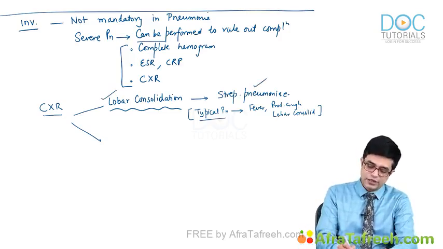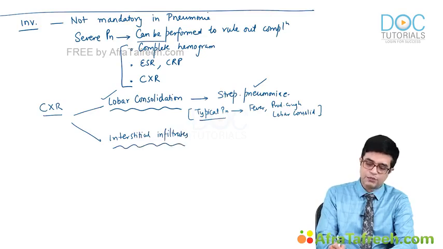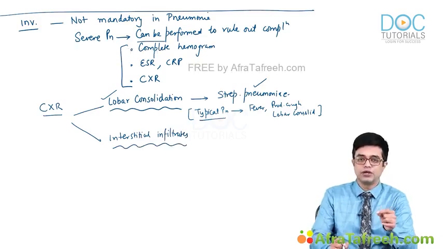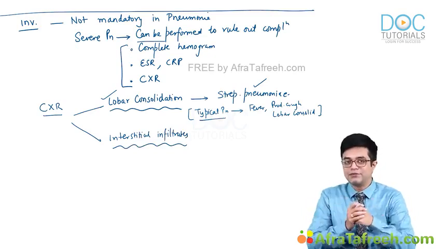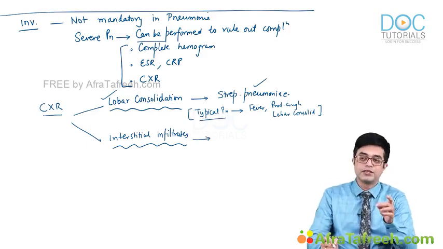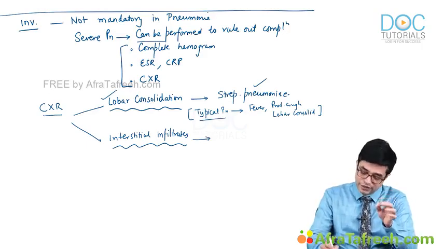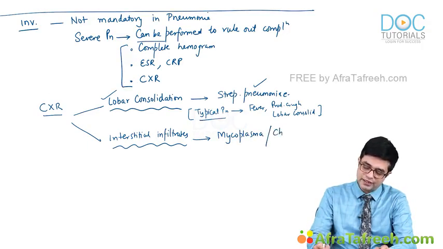Second is interstitial infiltrates. There will be diffuse, bilaterally symmetrical interstitial infiltrates, more predominant in the perihilar areas. So bilaterally they will be present. Whenever you are thinking of interstitial infiltrates, think of atypical organisms like Mycoplasma or Chlamydia as the likely possibilities.